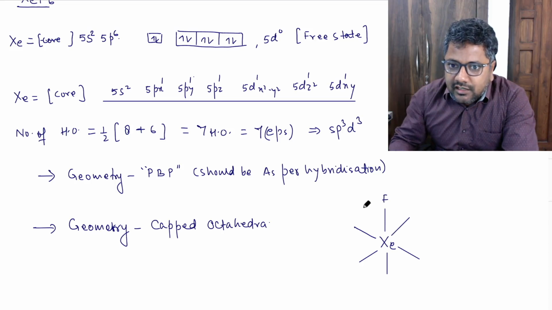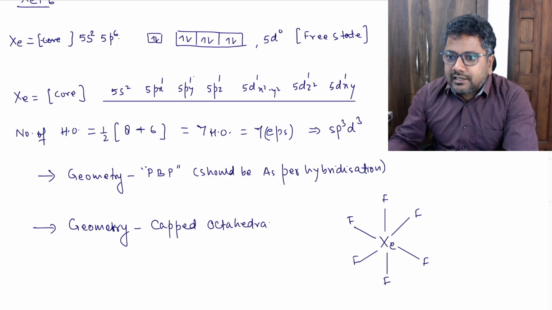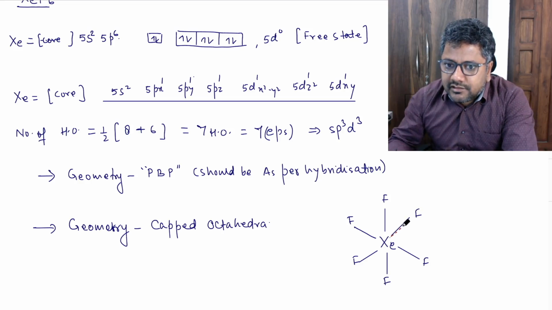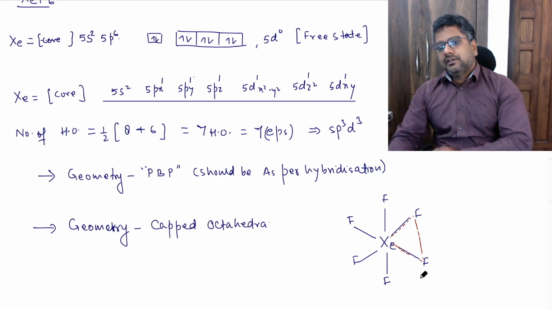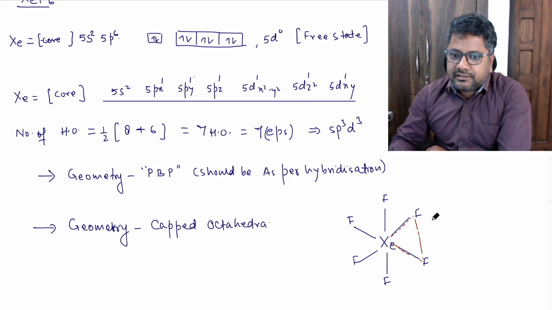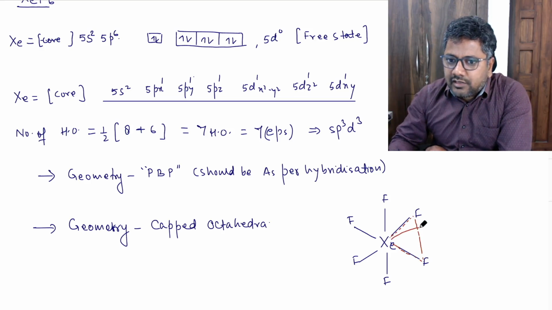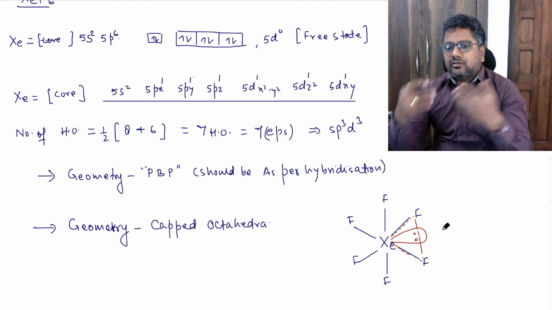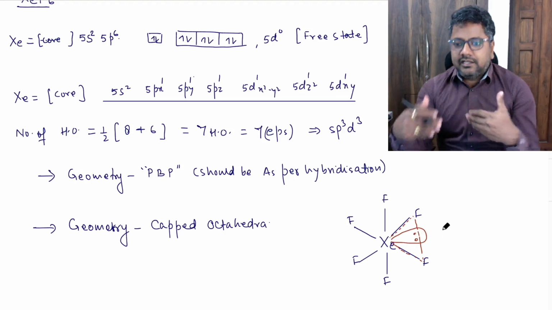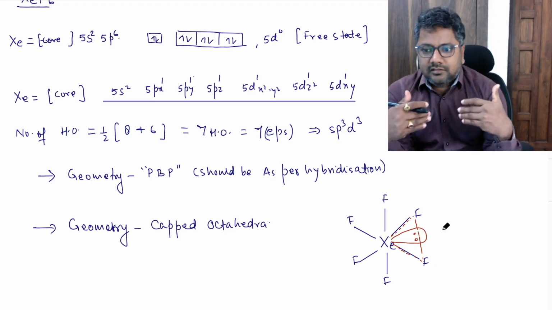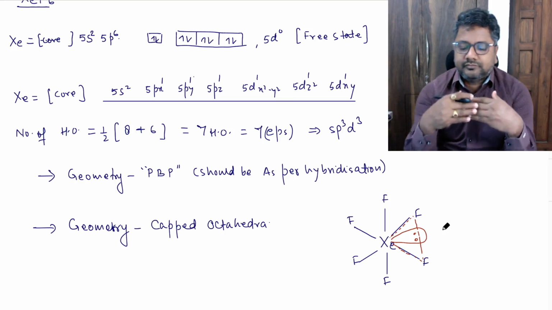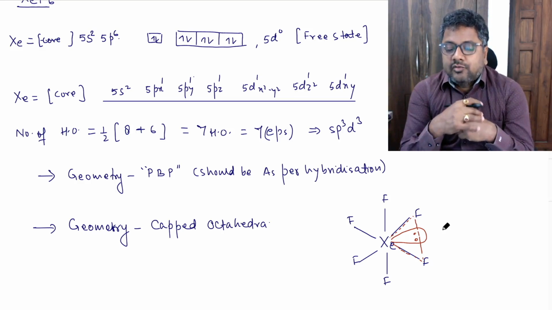So fluorine are like this, and you know, this is one of the trigonal faces of this octahedron, right? So this lone pair is somehow in between like this here. It is not oriented directly in the pentagonal bipyramidal orientation.